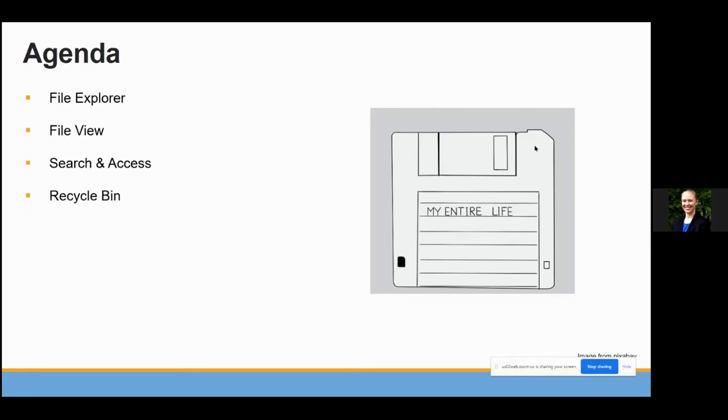Okay. We will talk about the recycle bin. We have added that to this workshop since we split it into two. We can talk a little bit more about the recycle bin, how to utilize it, and what your files do when they're in there. And then we'll talk about a place where you can keep your frequently accessed files. So there are a couple of different schools of thought about where the best place to put them would be.